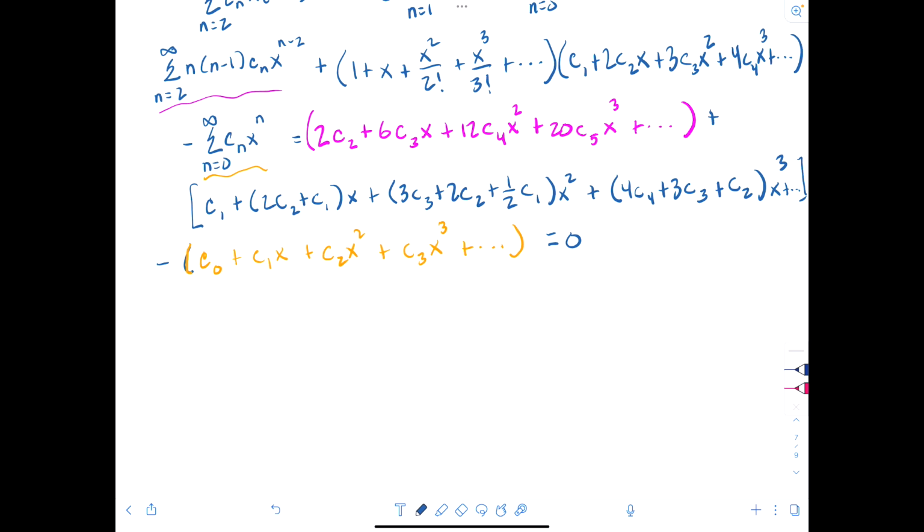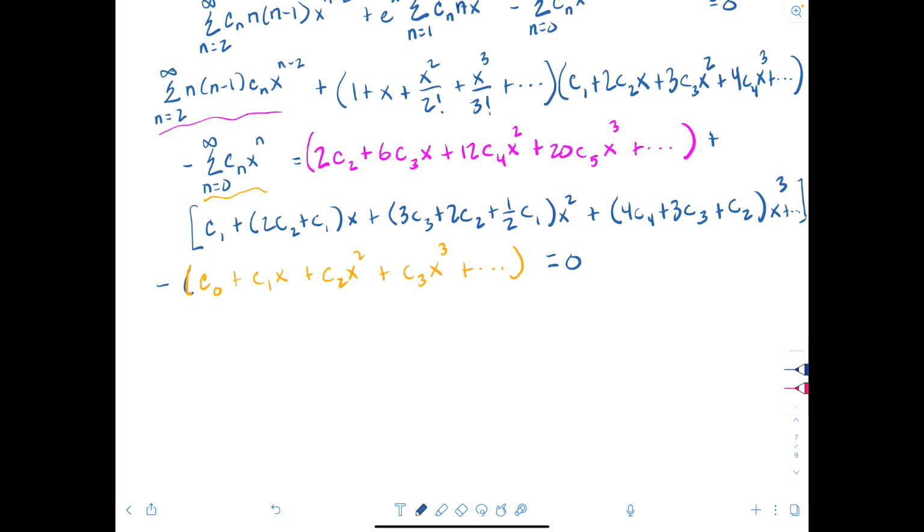So let's do this. We will have the constants first. So starting with 2c2 plus c1 minus c0. Those are the constant terms that we've developed. Cool so far?